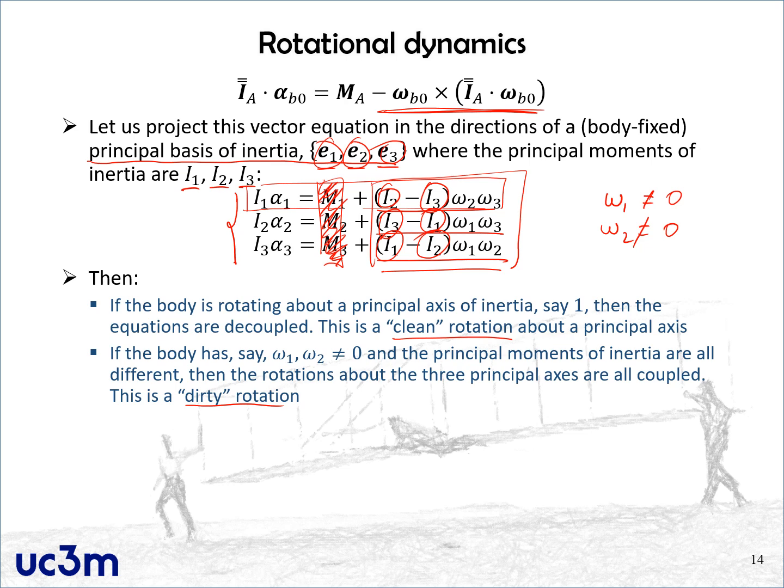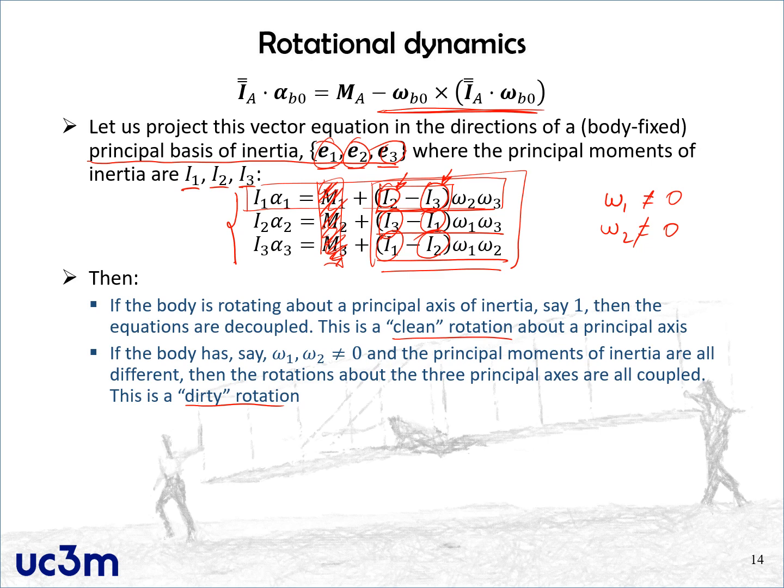All right. Here you can see also another condition where the rotation can simplify. If some of these principal moments of inertia are equal, these differences will cancel out. So in that case, there will be no coupling associated to the corresponding equation.